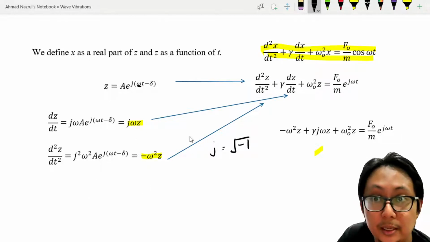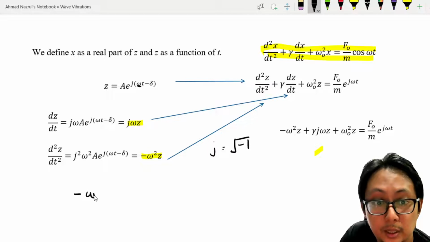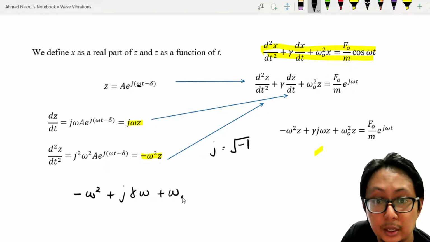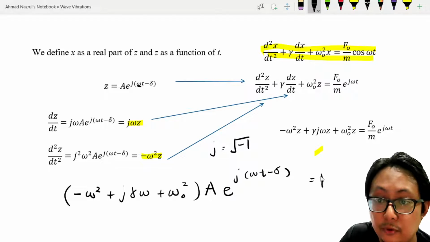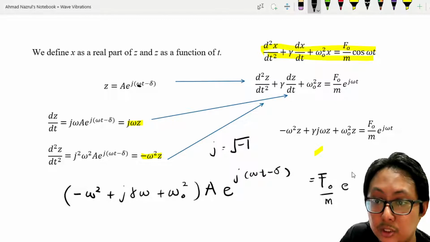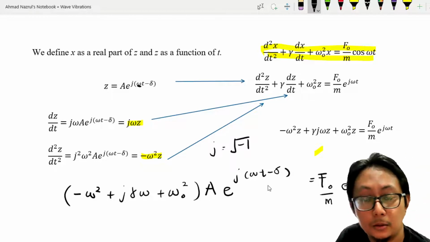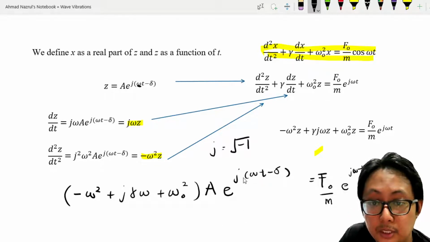So we have minus omega square plus j gamma omega plus omega naught square, then the z here is a exponential j omega t, equal to f naught over m exponential j omega t.